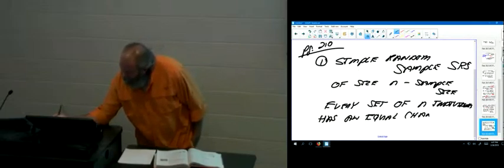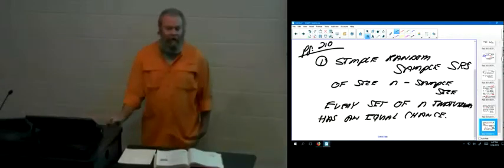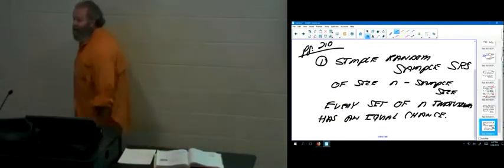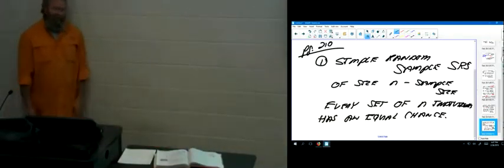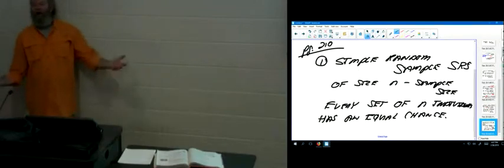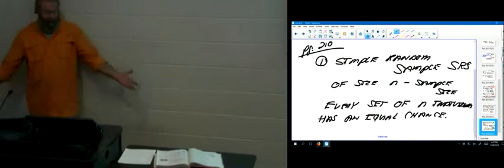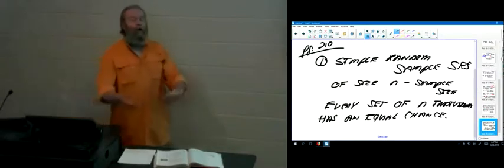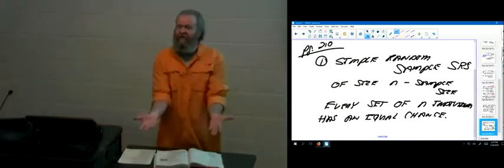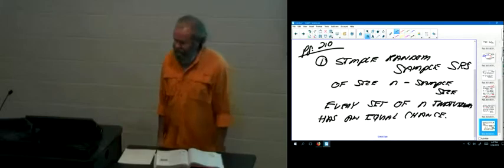That's what makes it a simple random sample. So the method you're using gives every set an equal chance. That's the way a simple random sample is defined. It's not defined as giving anything about any individual in the population. It's where you look at all the samples of size n, whatever your size is.